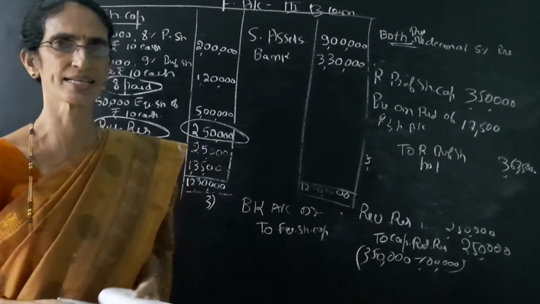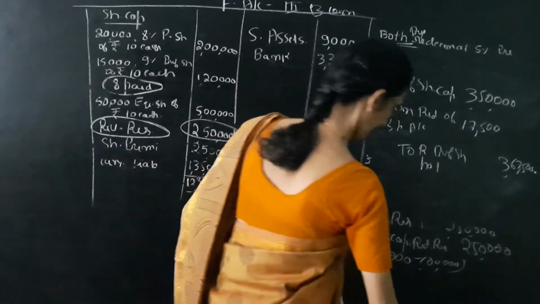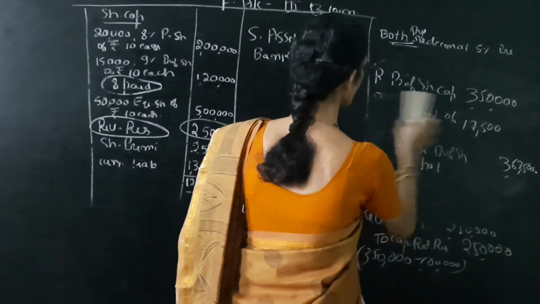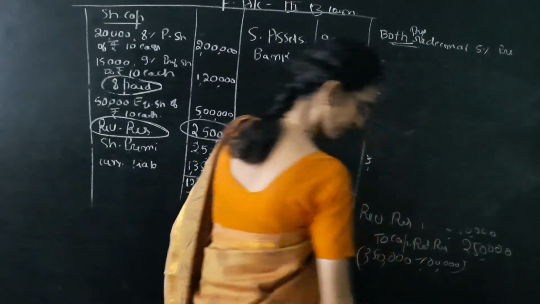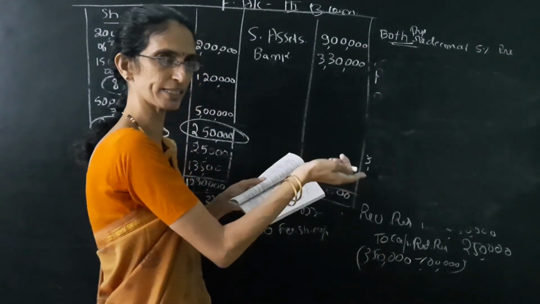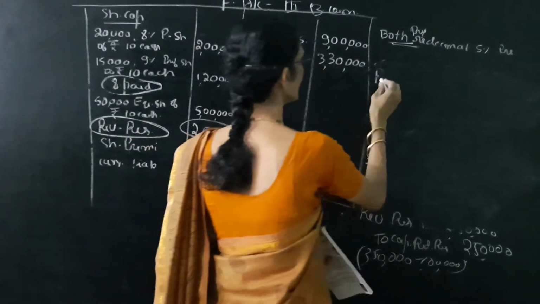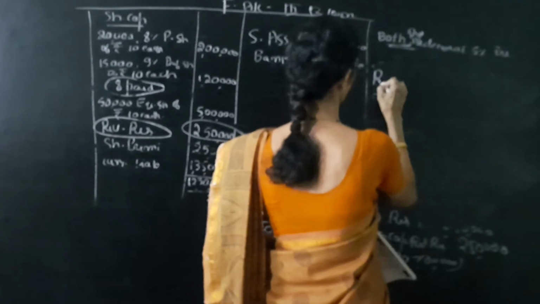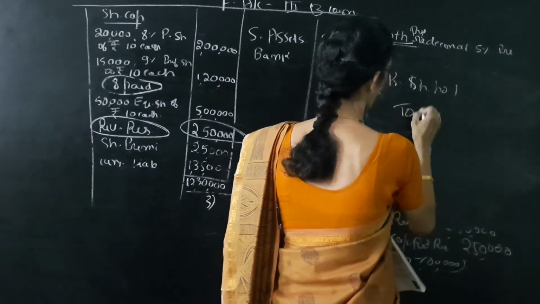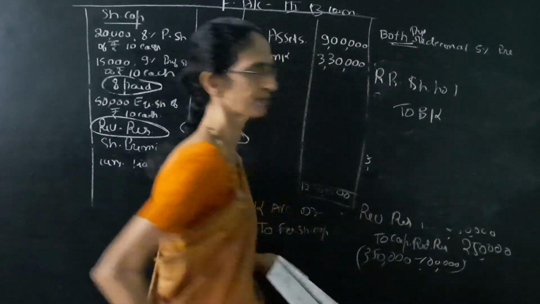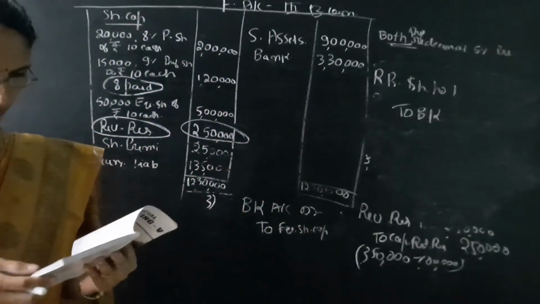So the last entry is we have to pay the shareholders. The same amount should be paid to the shareholders. We credited; now we have to debit it. So redeemable preference shareholders account debit to bank account.